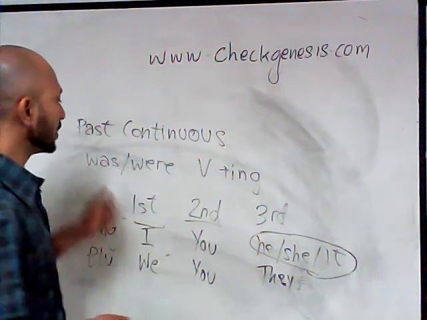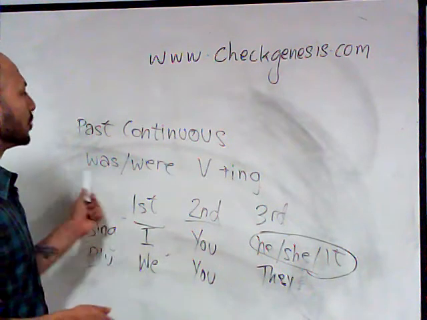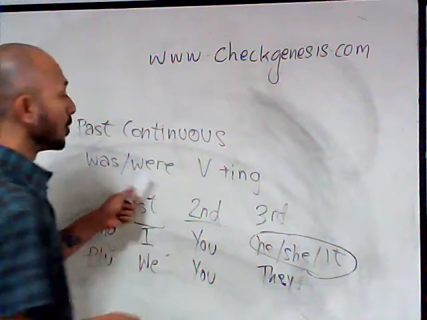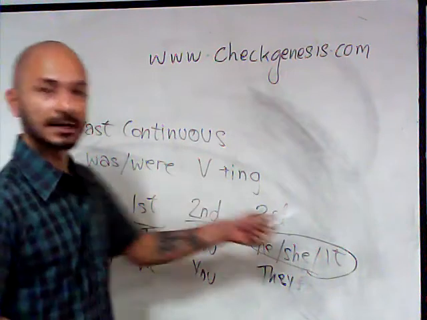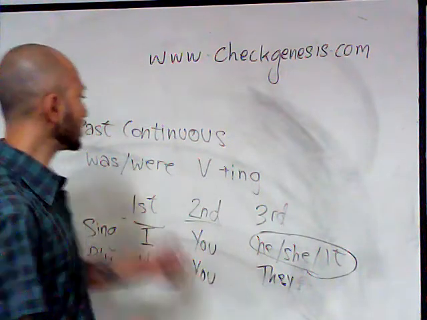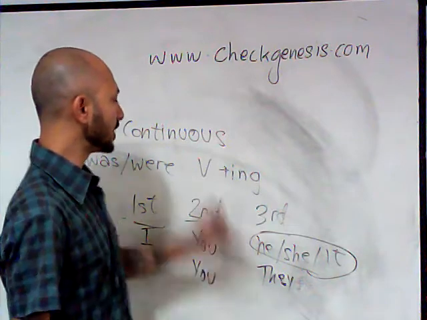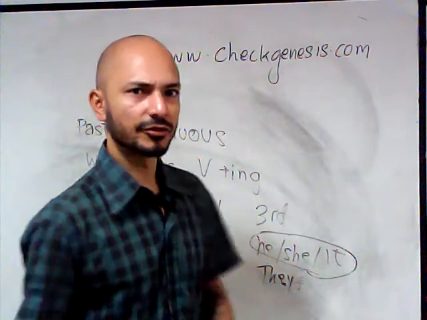Notice for the past continuous, we use I was sleeping, and you were sleeping always. He, she, or it was sleeping. And for all the plurals, it is were. So we were, you were, they were, but I was and he, she, or it was always.